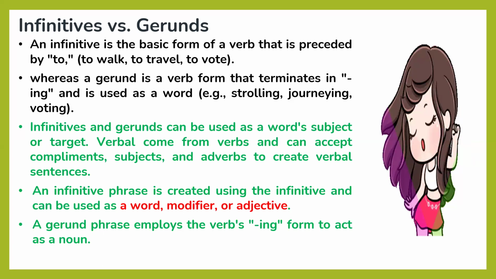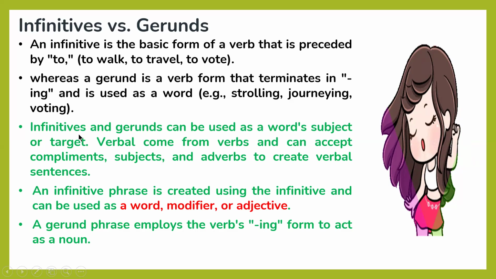Now about the infinitive phrase, which is created using the infinitive and can be used as a noun, modifier or adjective. I'm uploading an infinitive phrase video within a few days.